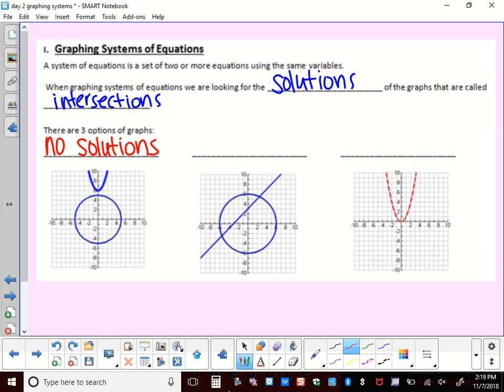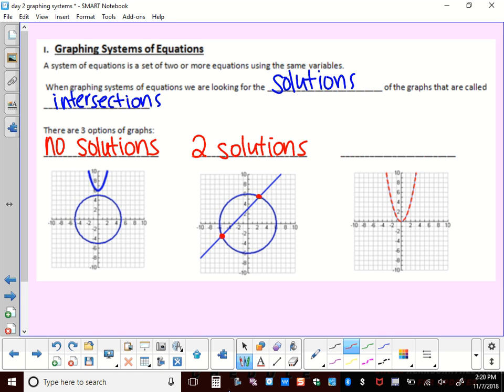Then we have 2 solutions, which means I'm looking for where the line and the circle intersect. Those are my 2 solutions. So it has to touch the thing twice. We're looking for just where both of my graphs cross. So here I know I have a line, I know I have a circle. I don't care where it crosses the x-axis, any of that. I'm just looking to see where both lines intersect.